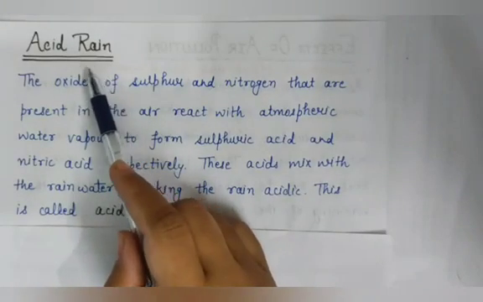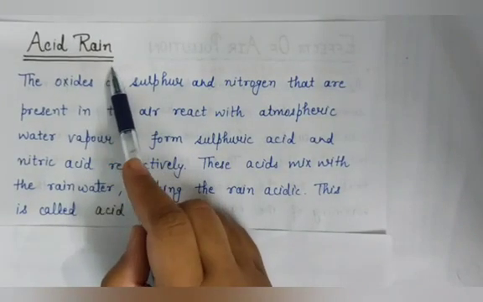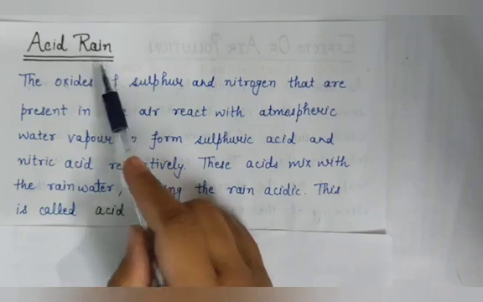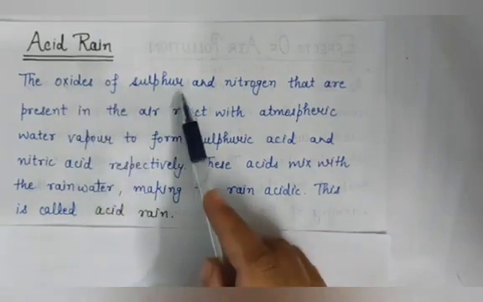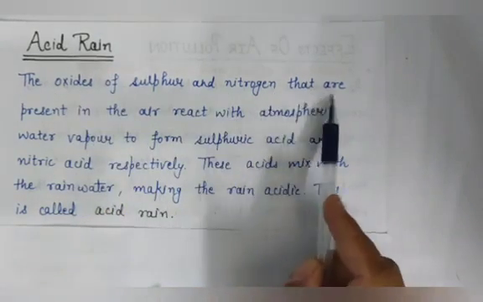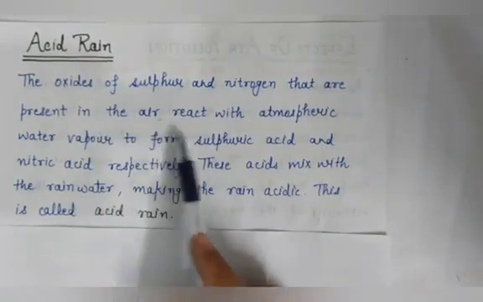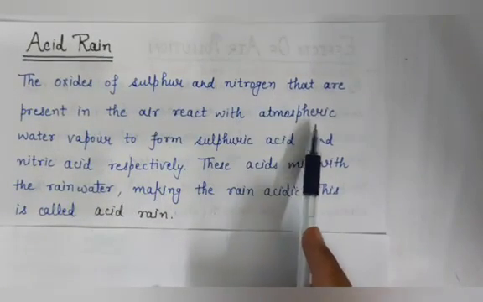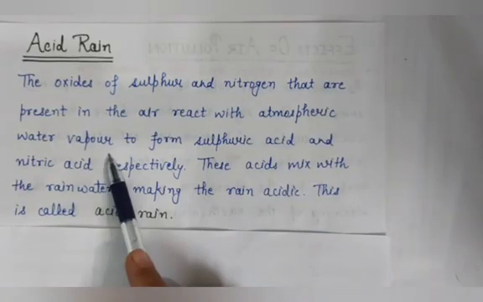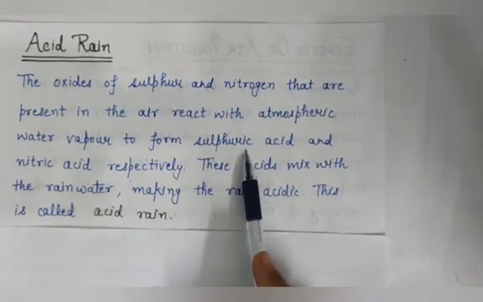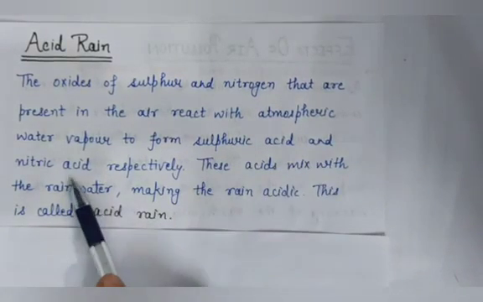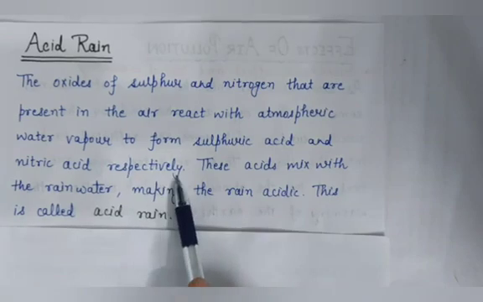A harmful effect of air pollution is acid rain. Now, what is acid rain? The oxides of sulfur and nitrogen that are present in air react with atmospheric water vapors to form sulfuric acid and nitric acid respectively.